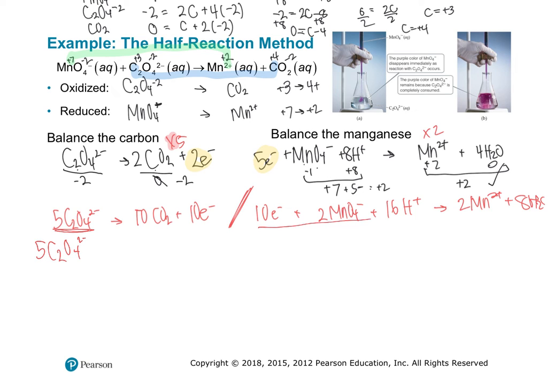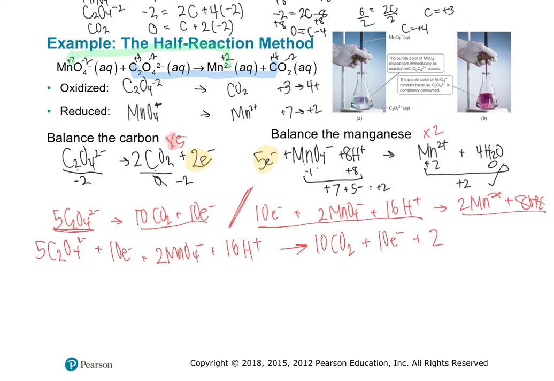Now I'm going to add all of these reactants plus 10 electrons, plus 2 permanganates, plus 16 hydrogen ions. Cool. And now I'm going to put all my products. So I have 10 carbon dioxides and 10 electrons. And then I have my products over here, 2 manganese ions and 8 waters.